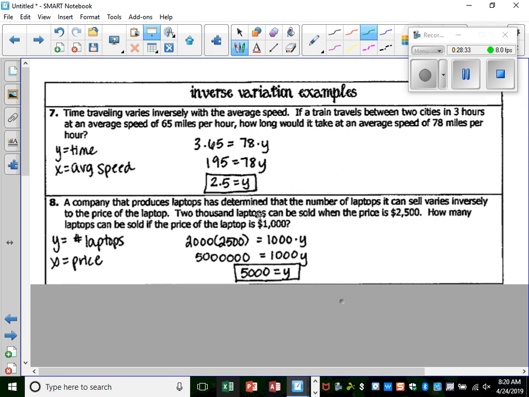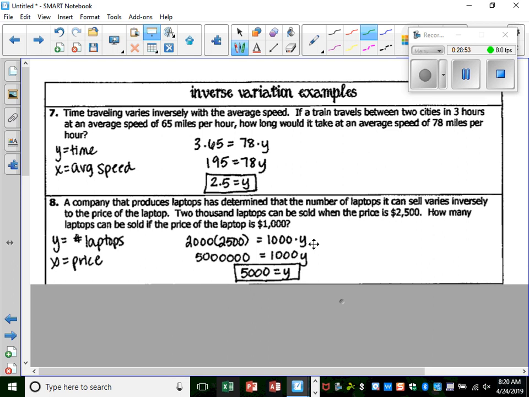They wrote out 2,000 laptops can be sold at a price of $2,500. How many laptops, so that's going to be missing the y, can be sold at a price of $1,000?